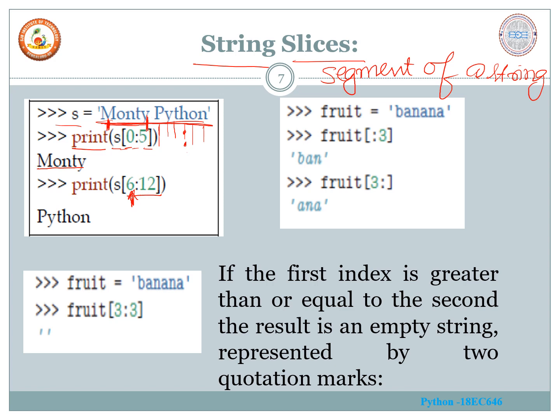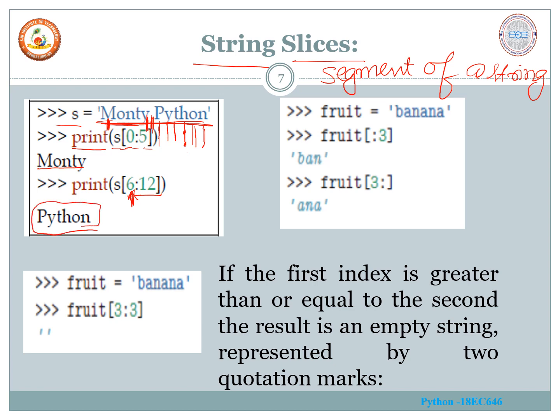Just keep in mind, in case of strings, the space is also considered to be one character. So when you are giving from 6 to 12, it is starting from the space character. So 6, 7, 8, 9, 10, 11, 12. So the last is n, and Python will be displayed.